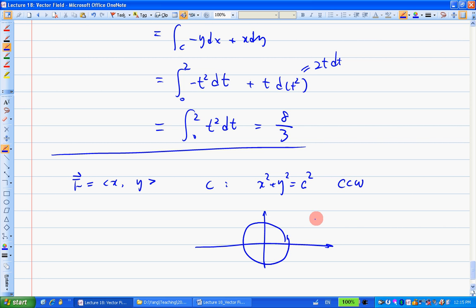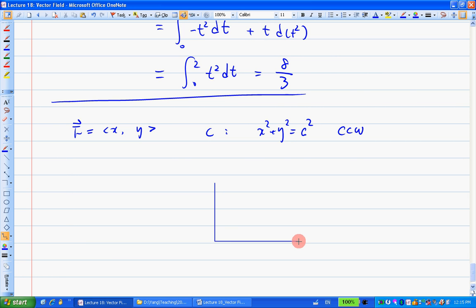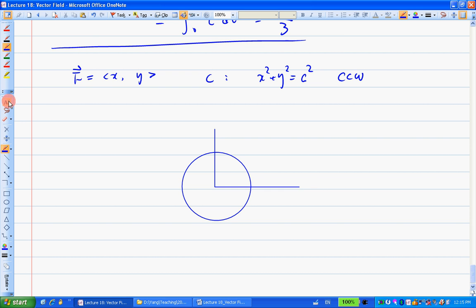Okay, so basically, I'll use the circle here. The C here is a circle, right? So here's a circle, and F is a vector field.